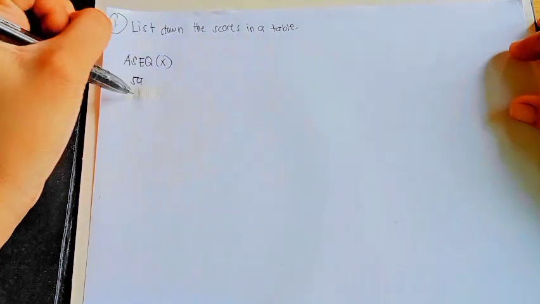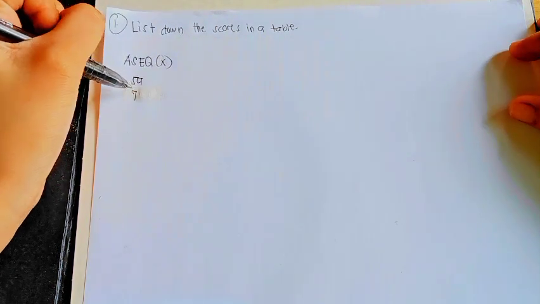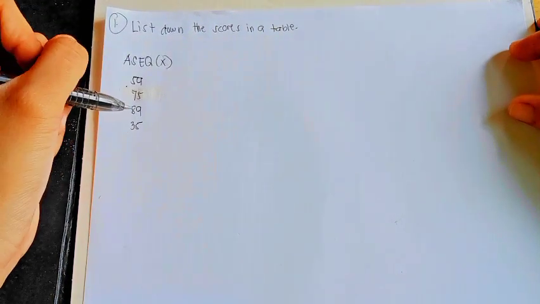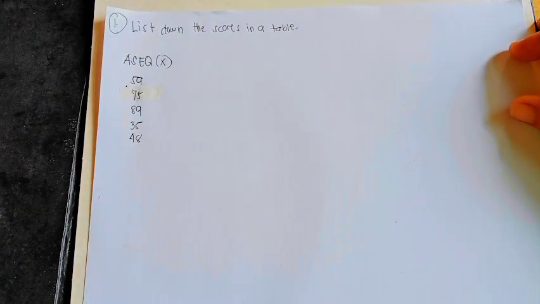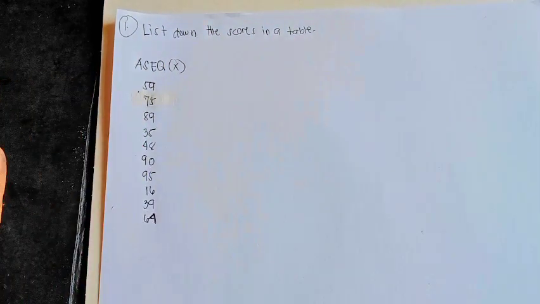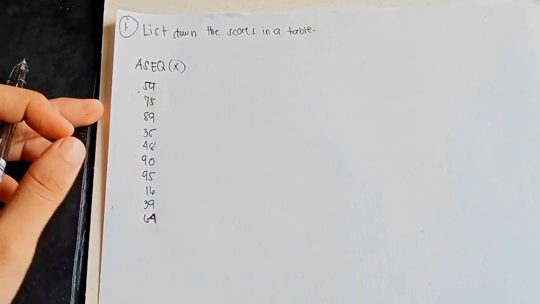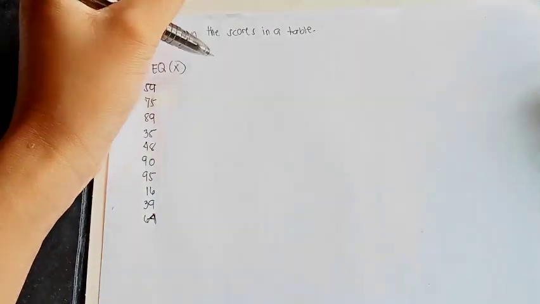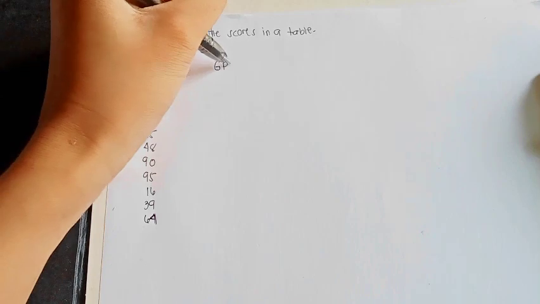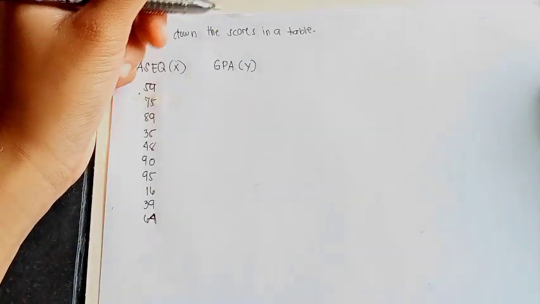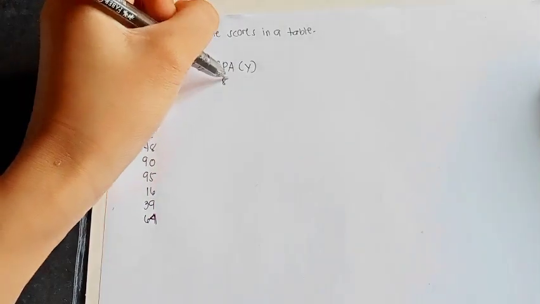First one is 59, next is 75, and so on, 64. Next is the grade point average. This is our Y. The first average score is 85.